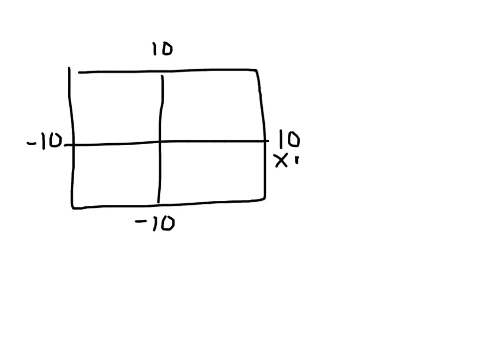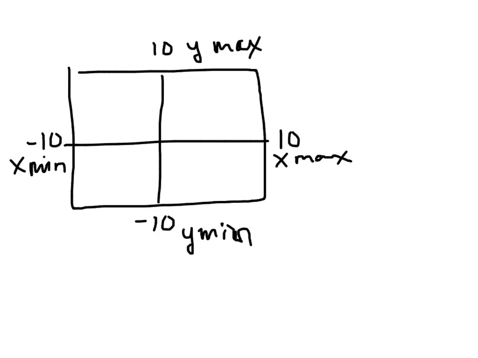This is the x maximum because that goes the maximum on the x-axis. This one is the x minimum because that goes left. This is the y max because that goes up. And this is the y min because that goes down. Some of your pictures are not going to fit on your window.